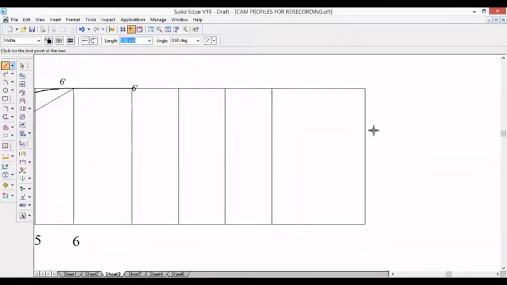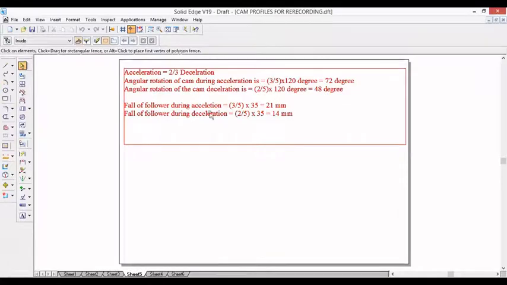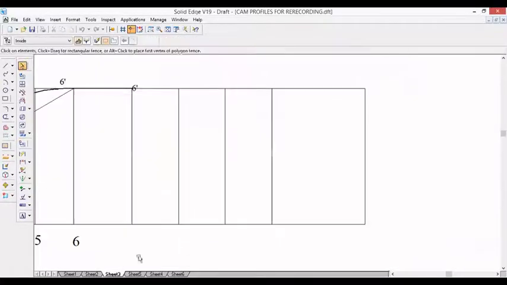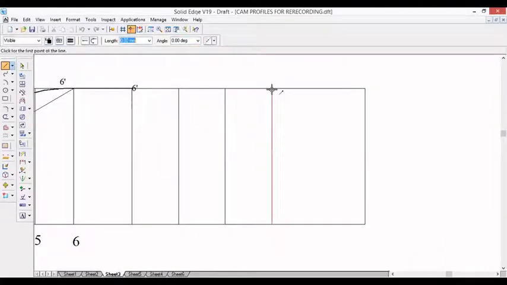So this part is the acceleration part. Since we have divided the acceleration part into 3 equal parts, we need to find out the follower fall during acceleration. The total lift is 35 mm. Out of which 3 by 5 times of 35 gives us the fall of follower during acceleration, which is 21 mm. So we need to divide this vertical line from the top.